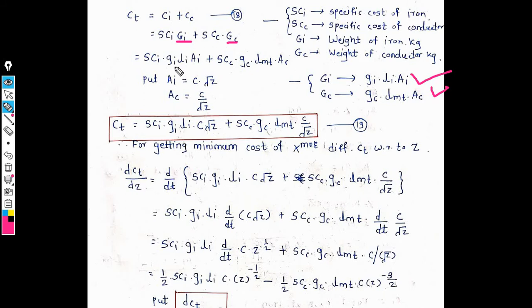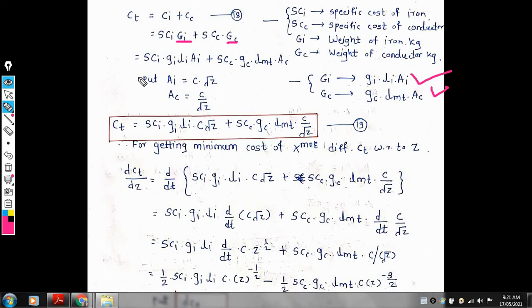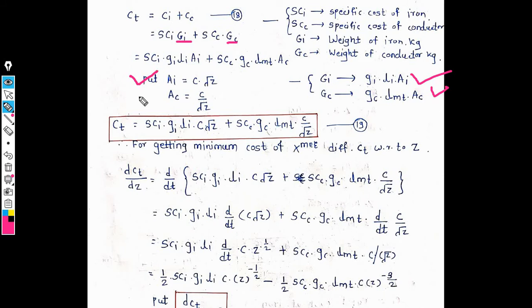CT is equal to SCI into GI into LI into AI plus SCC into GC into LMT into AC. These are the nomenclature, which is very important. From the previous equations we have to find two values, that is AI and AC.